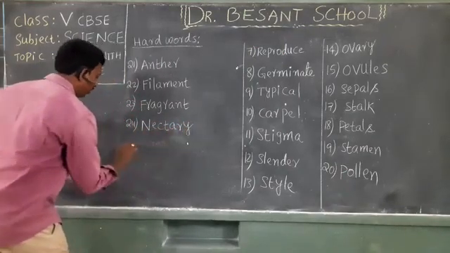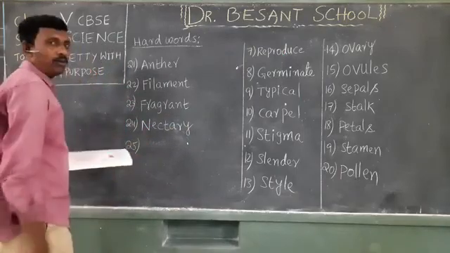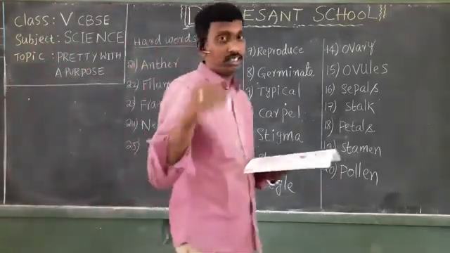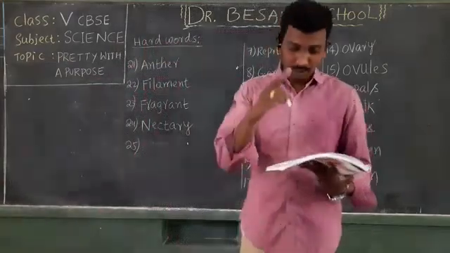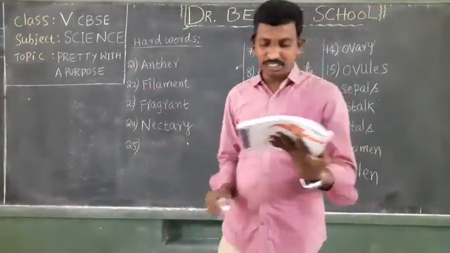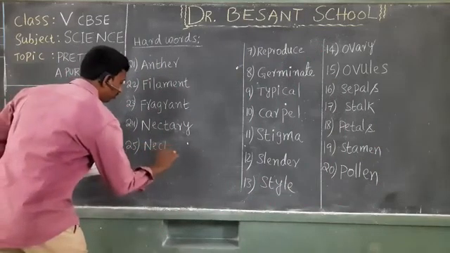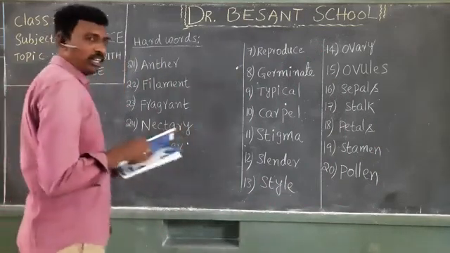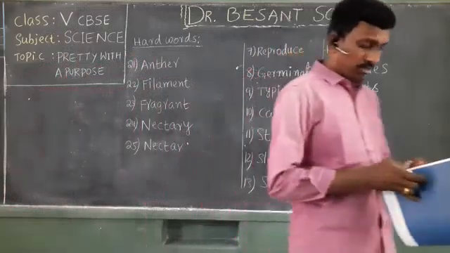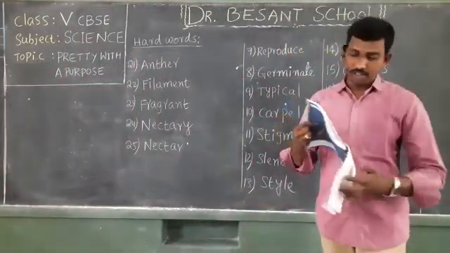Nectary is one more part of the flower which is usually present deep inside the flower and it produces a sweet substance called nectar. Okay, so you have to underline the nectar part also.